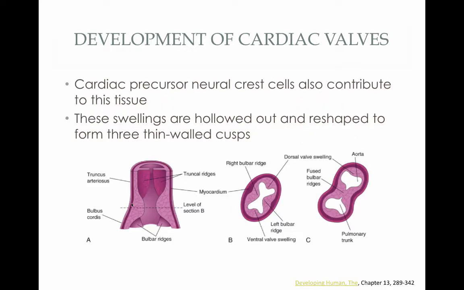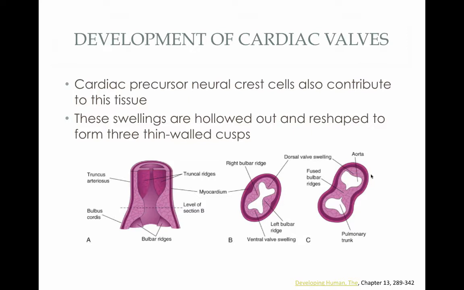And so we can see that here. Remember, we talked already about these truncal ridges, these bulbar ridges, and now they're twisting, and as they twist, they form the pulmonary trunk and the aorta. We have these swellings on the right side and left side, and as these swellings occur, we have the formation of the semilunar valves.